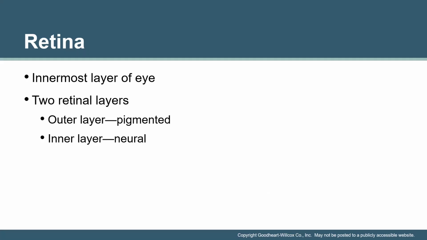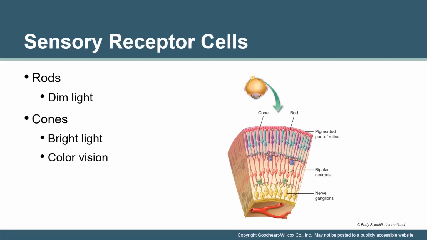The fovea centralis, this is a spot near the center that will only have cones in it. If we only have cones in this spot, again, this is what delivers us the ability to see color.